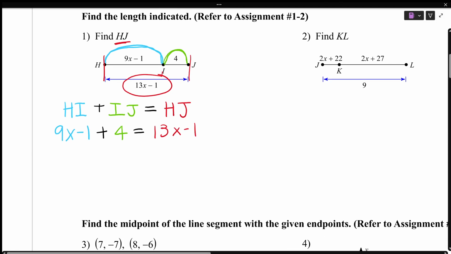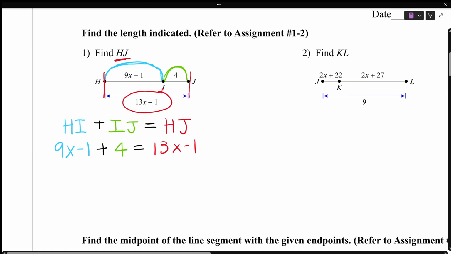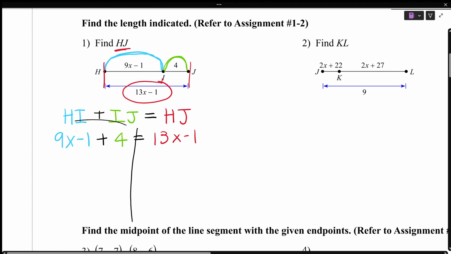Alright, now that we have our equation set up, we're going to combine some like terms. We have some terms on the left side and some terms on the right side. What are some like terms we can combine? When I say like terms, I'm talking about which numbers have an x and which numbers don't have an x.